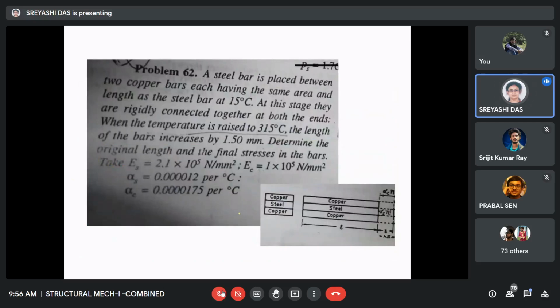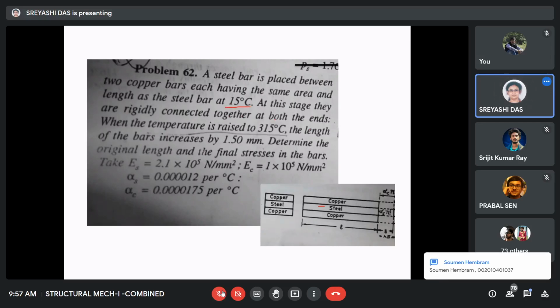Now, following the same thing, let us do one problem. A steel bar is placed between two copper bars. You see the figure. The steel bar is in between these two copper bars, having the same area and length as the steel bar, at 15 degrees centigrade.